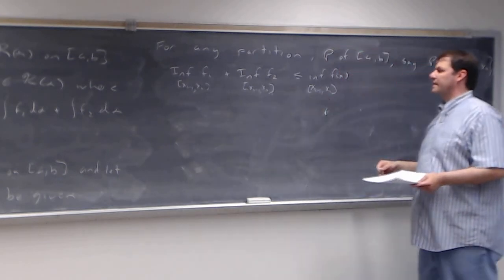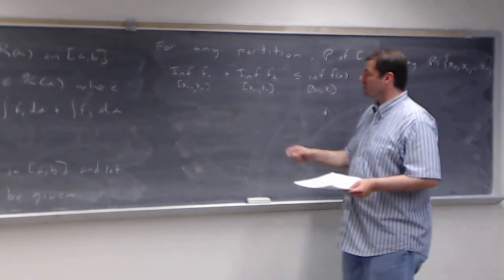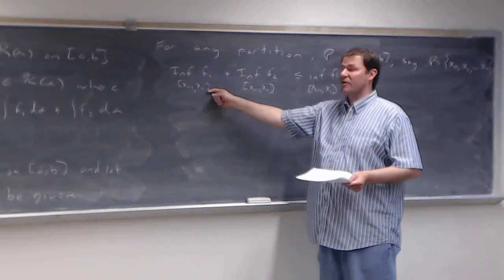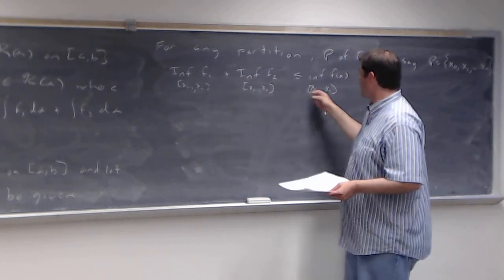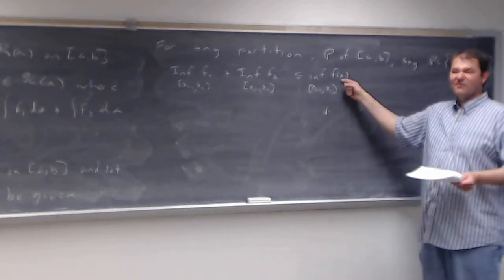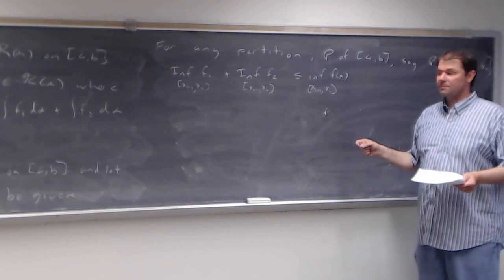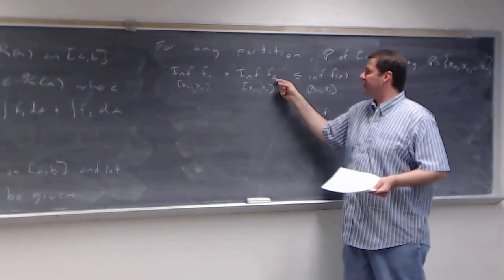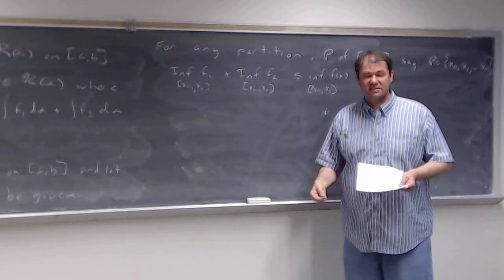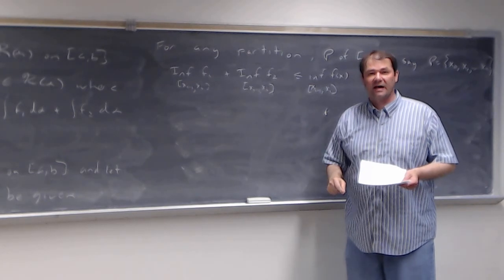Let me say one thing about this. The smallest guy for f sub 1 plus the smallest guy for f sub 2 is going to be less than or equal to the smallest guy of the addition of f sub 1 and f sub 2. The only time that they're going to be equal, really, is when the smallest guy for f sub 1 and the smallest guy for f sub 2 happen at the same spot, same x value.